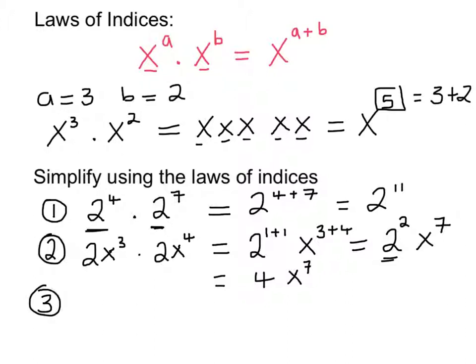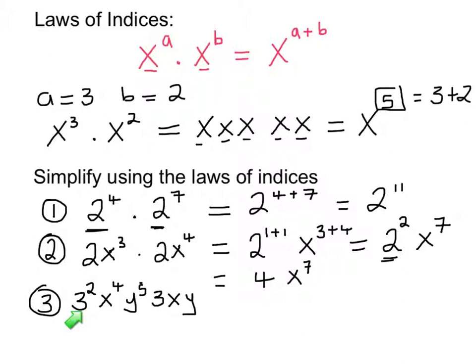So let's say I had 3 squared by x to the power of 4 by y to the power of 5 multiplied by 3xy. Okay. Now again, remember that you can only simplify those that have the same base using this law.